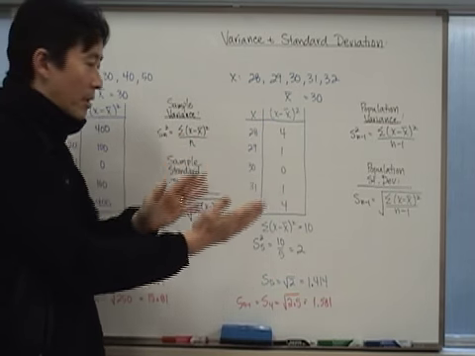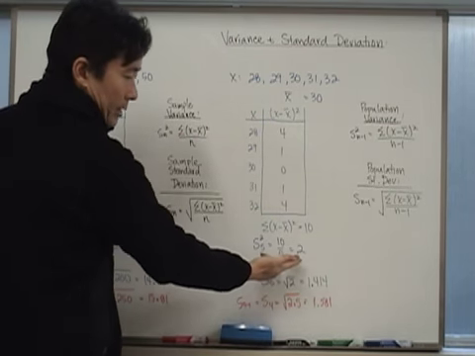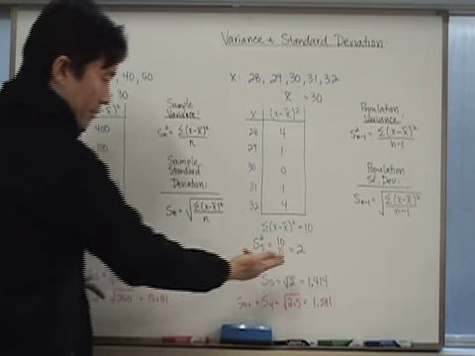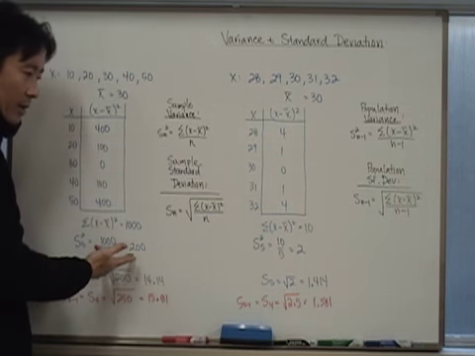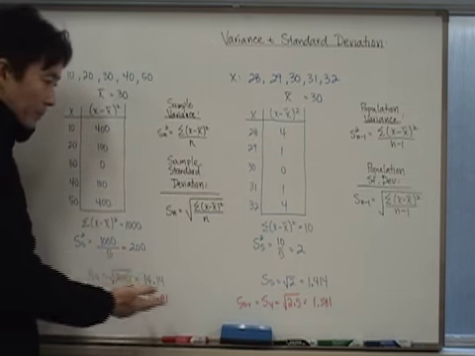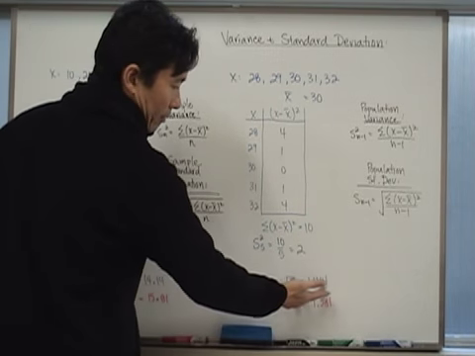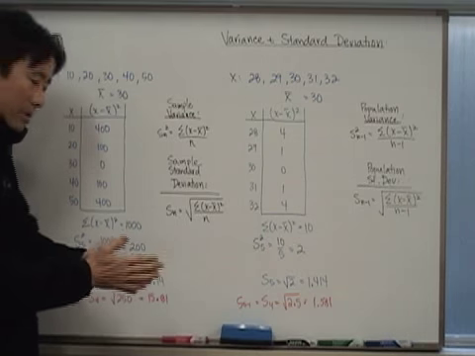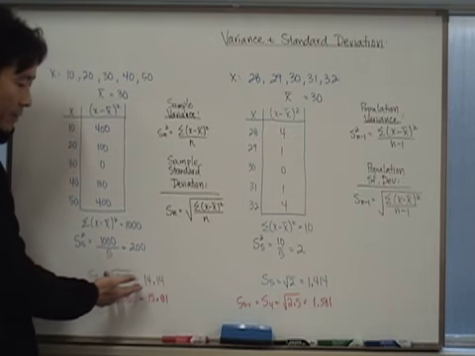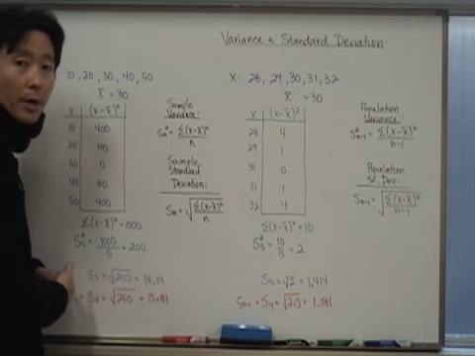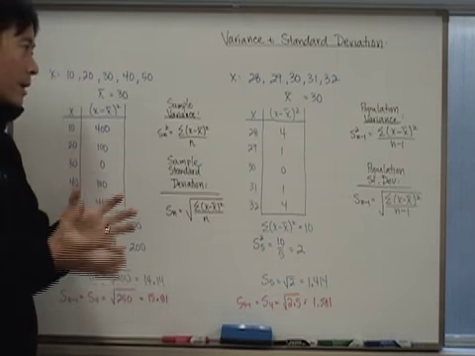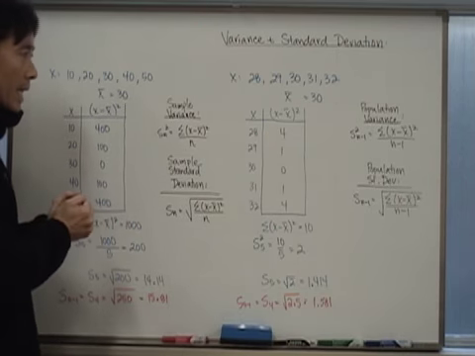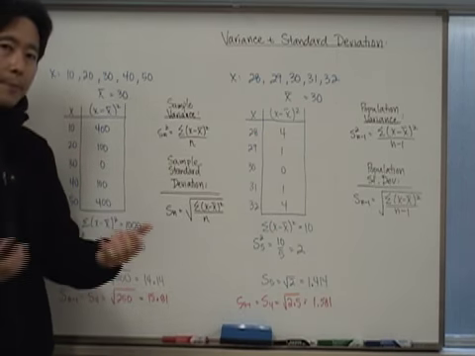The spread is very small, which is represented by this small value here of 2, as opposed to this larger value here of 200. This 1.414, or the standard deviation value, is also much smaller compared to this standard deviation value of 14.14. So that gives you a mathematical means by which we can describe the spread.